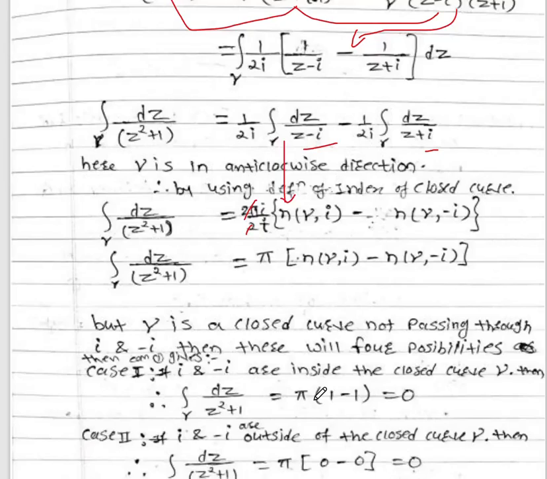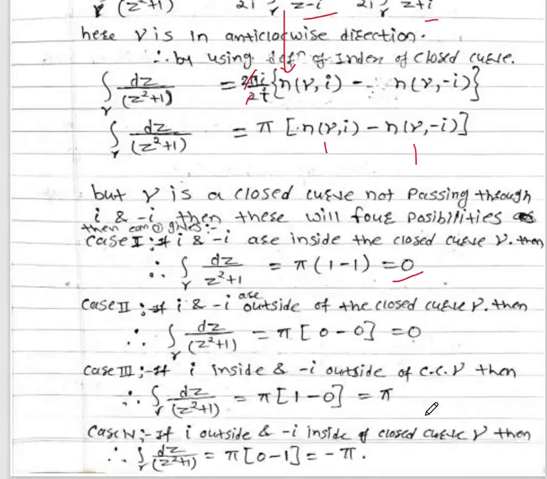Equation 1 gives case number 1, if i and minus i are inside the closed curve. Suppose i and minus i both lie inside the curve gamma, then the index of the closed curve for this is 1 and for that is 1. So 1 minus 1 is 0, so this will become 0.